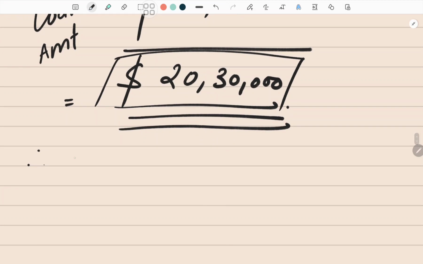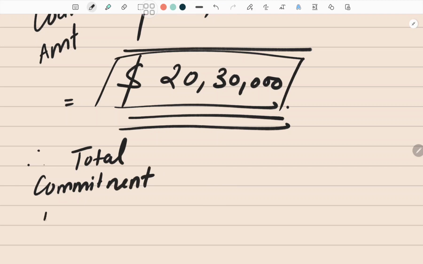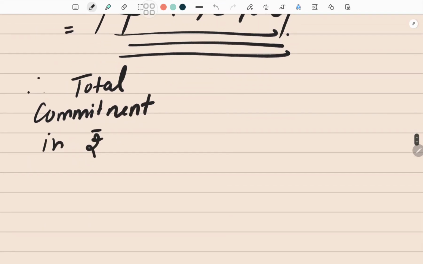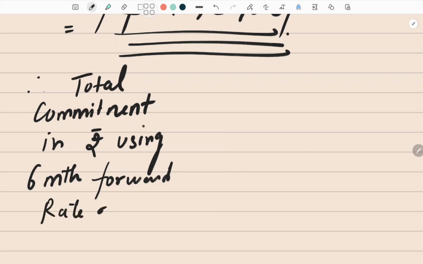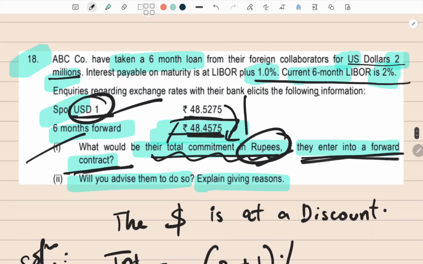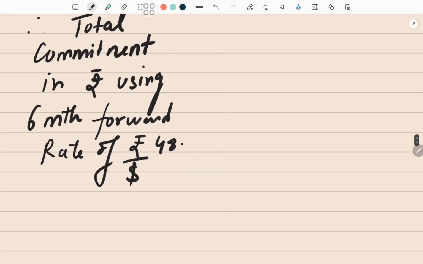Therefore, total commitment in rupee using the 6-month forward rate of rupee by dollar 48.4575, correct? This is the rate.